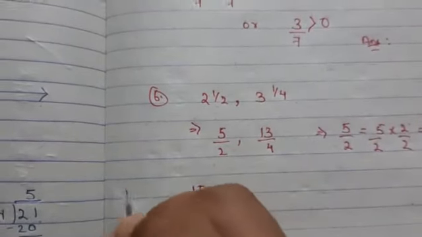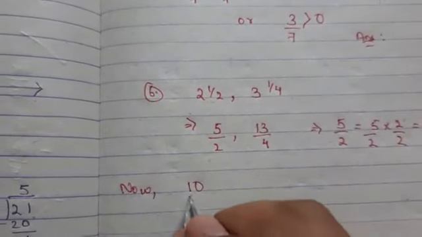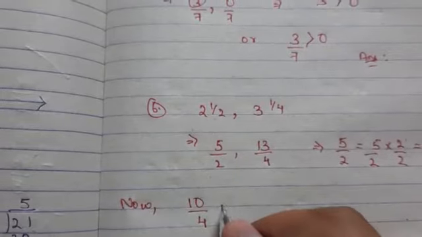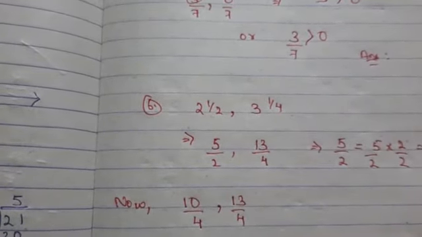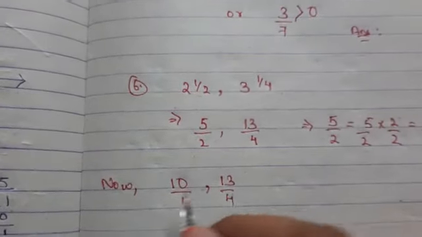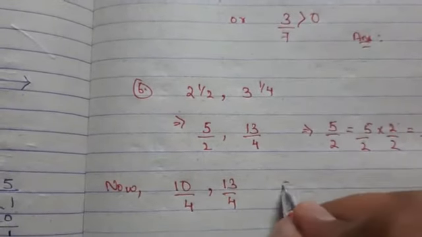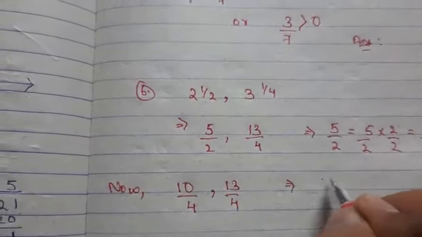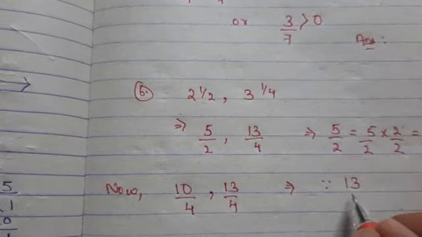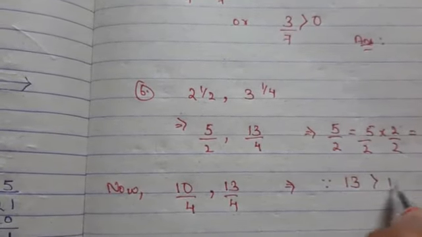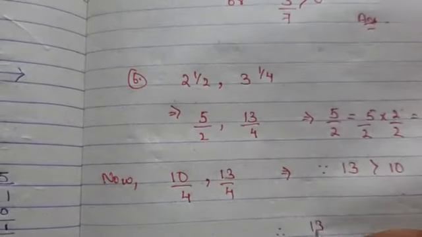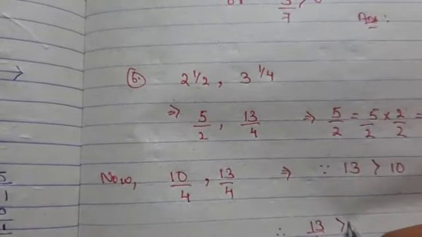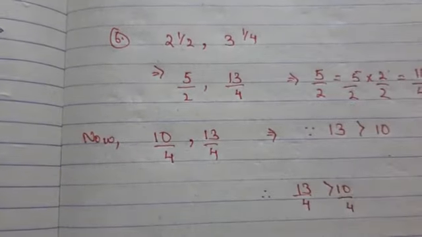Now 10 upon 4 and 13 upon 4 both have the same denominators. Out of 10 and 13, which is greater? Since 13 is greater than 10, therefore 13 upon 4 is greater than 10 upon 4.